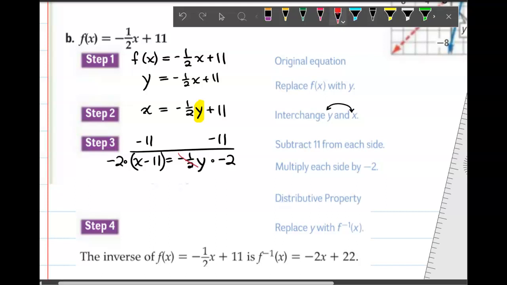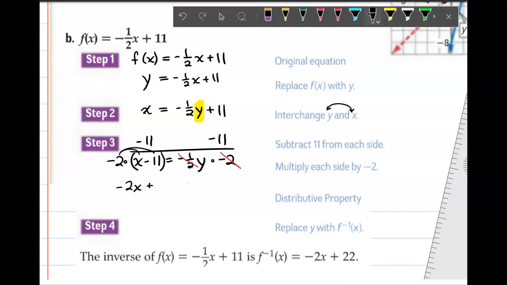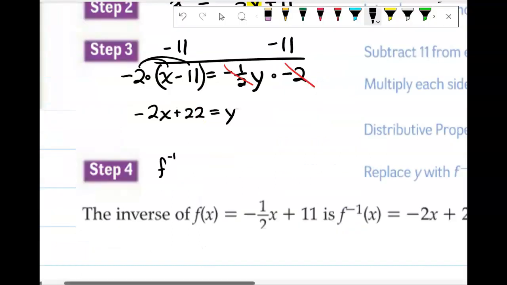On the right side, these cancel. And on the left, after we distribute, we have negative 2x plus 22, which equals y. Finally, we just replace it. I usually put my y on the left side. So f inverse of x equals negative 2x plus 22.